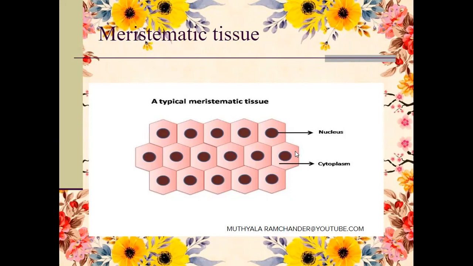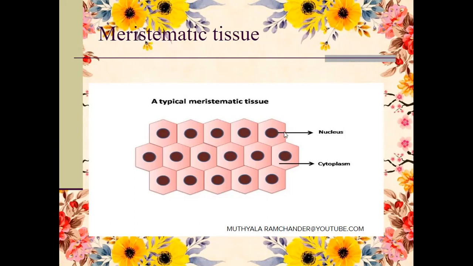It is another identification of meristematic cells. Meristematic cells contain many small vacuoles around the large nucleus. But in adult plant cells, only one large vacuole is present at the center region.